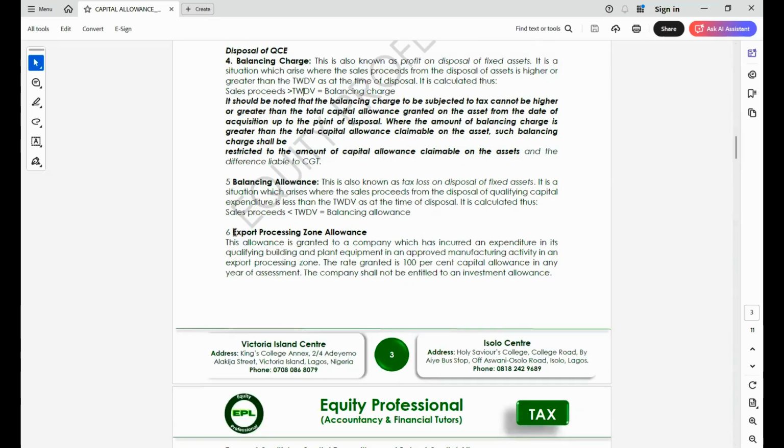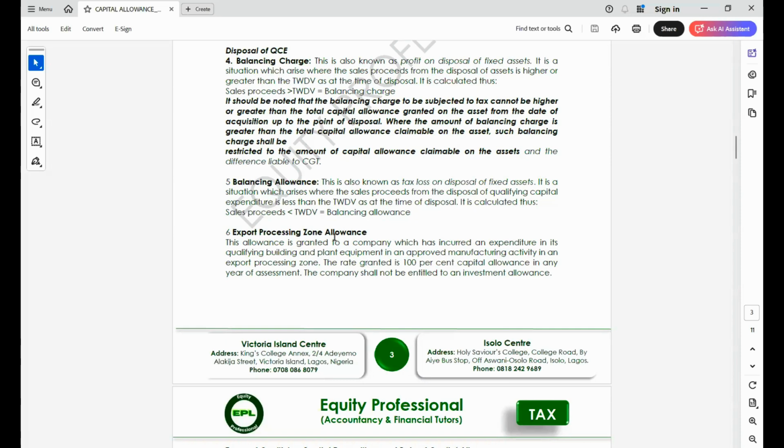Then we also have another allowance, which is the export processing zone allowance, for those purely engaged in export. When you incur qualifying expenditure on buildings and plants, and you are in a manufacturing business for the purpose of export, where 75% of your production is purely for export, government wants to encourage exportation, because when there is exportation, there is going to be an inflow of foreign exchange.